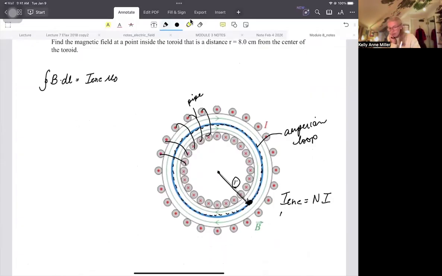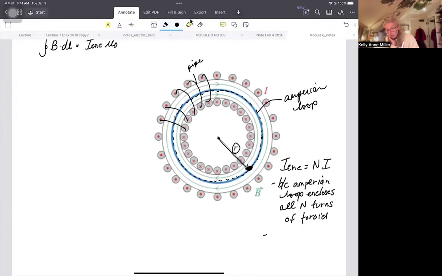This is the only difference in my mind. The Ampérian loop encloses all N of the turns of the toroid, and each loop carries a current I.